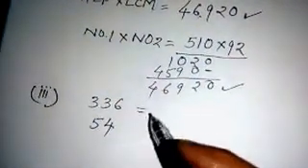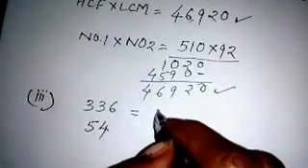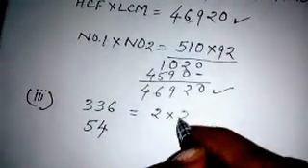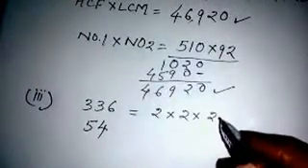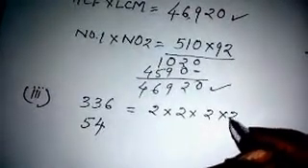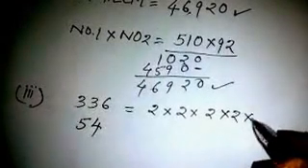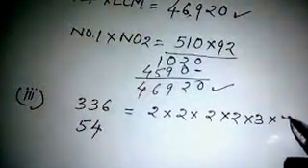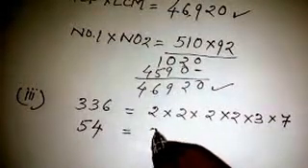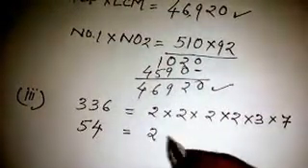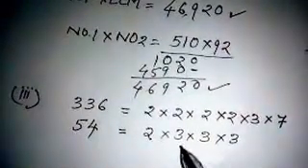First we prime factorize 336 and we get 2 into 2 into 2 into 2, that means 2 raised to the power 4, into 3 into 7. And for 54 we get 2 into 3 into 3 into 3.